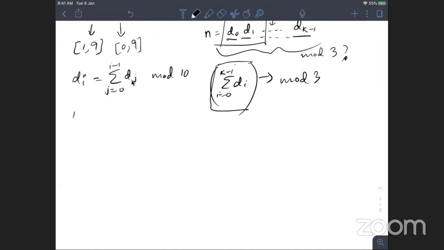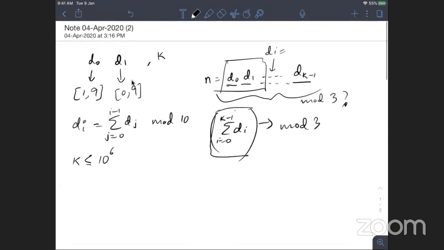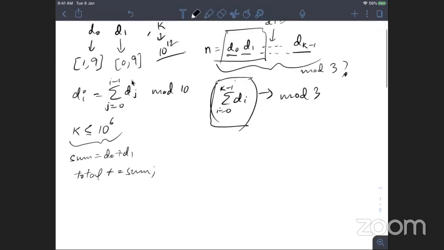Now, say k was small, say 10 to the 6 or something. In this question, k is actually pretty big, it's 10 to the 12. But if it was small, you could have just created all the digits. You could have done something like sum equals d0 plus d1, and keep adding the sum inside the total, and in each iteration update the sum, so you just double the sum each time.